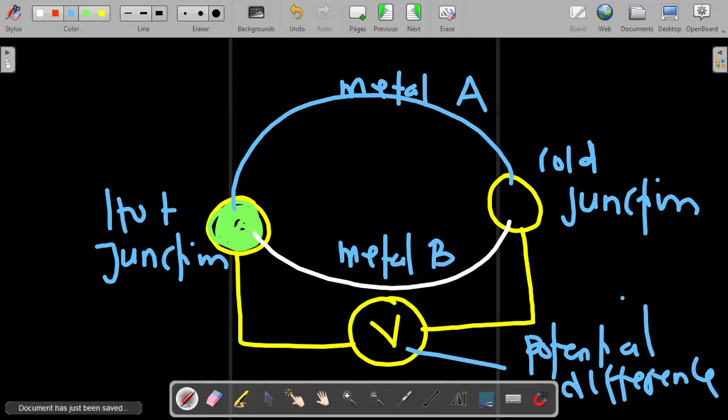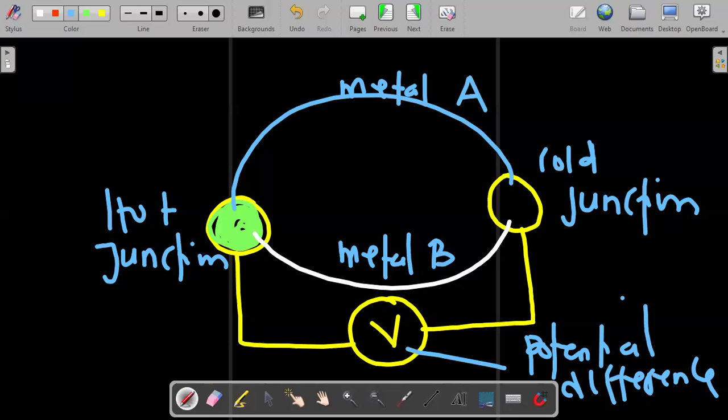It's like your battery. When you plug a battery and two wires are connected to the battery, the potential difference is like a powerhouse that can supply the current or the electrons to both junctions.